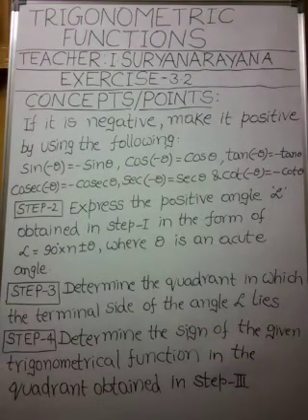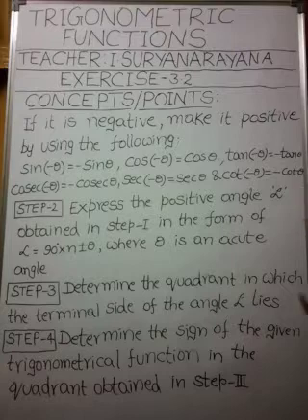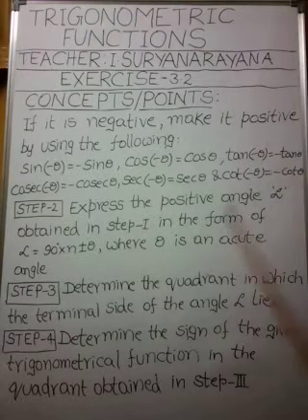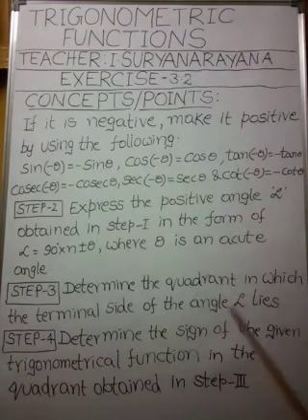We know in the first quadrant all trigonometrical functions are positive. We have already discussed the sign of trigonometrical functions in different quadrants. Understood, my dear children? We use that knowledge in step 4. Okay, my dear children? Right.